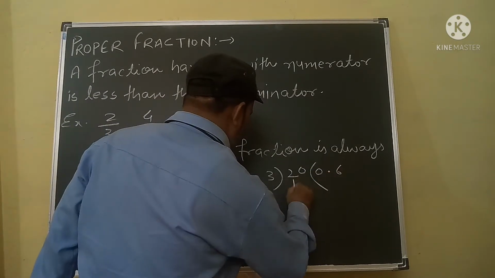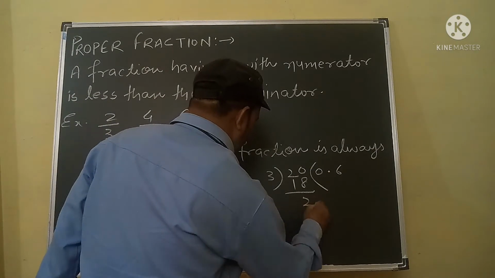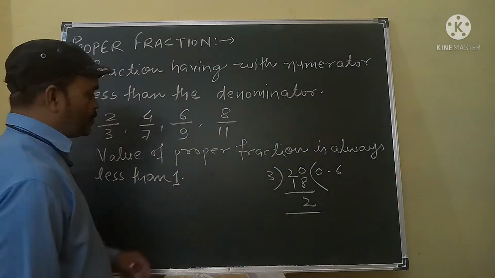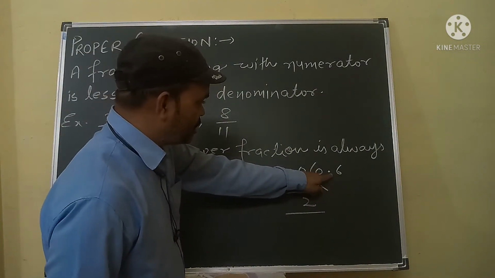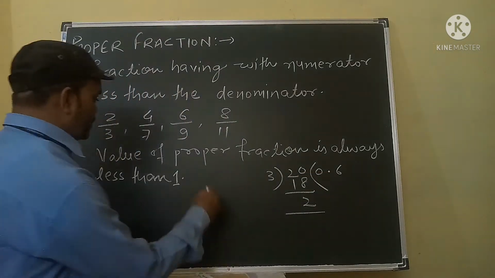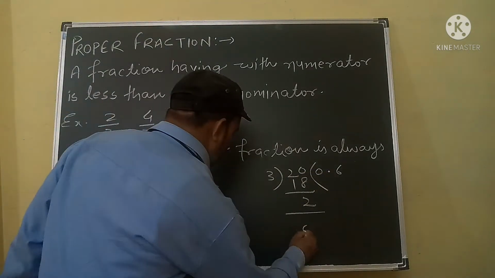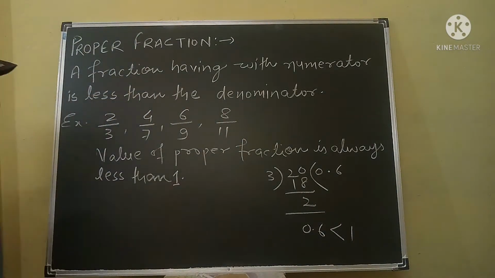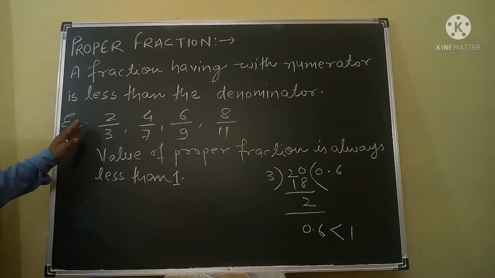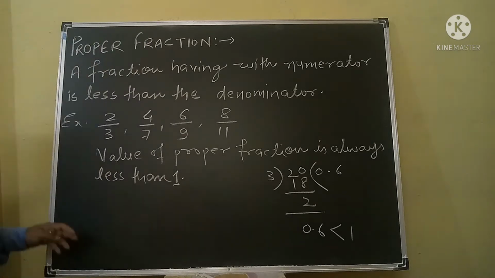Okay, and 3 6s are 18. 20 minus 18 is 2. That means the quotient is 0.6. Okay, and 0.6 is less than 1. That means all these examples belong to proper fractions.